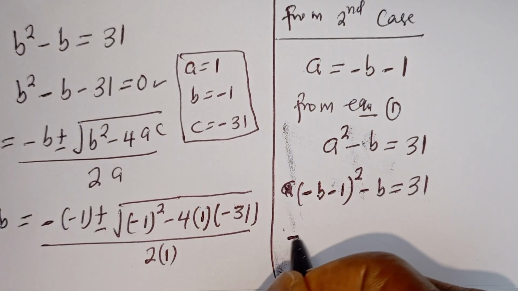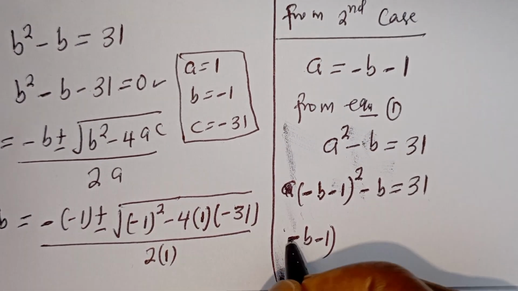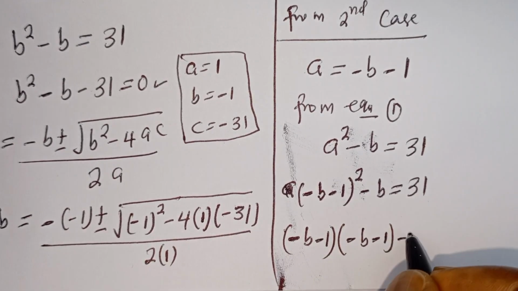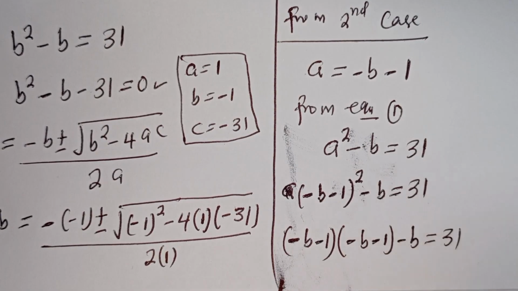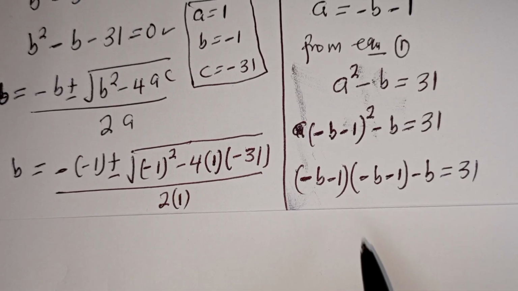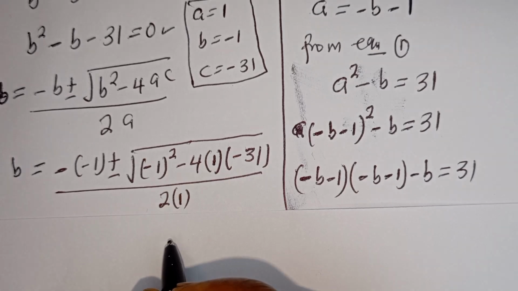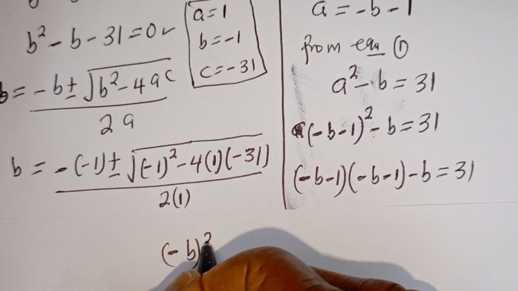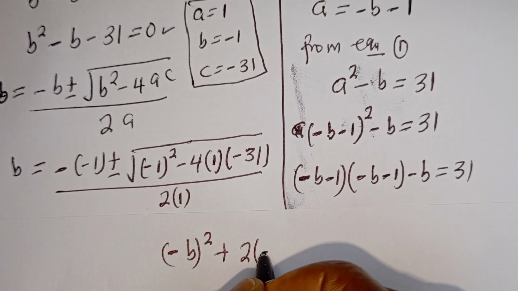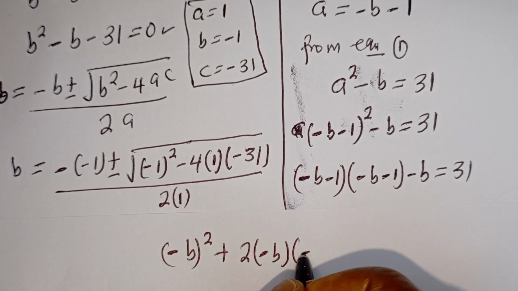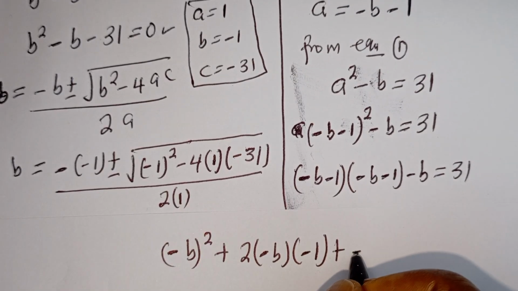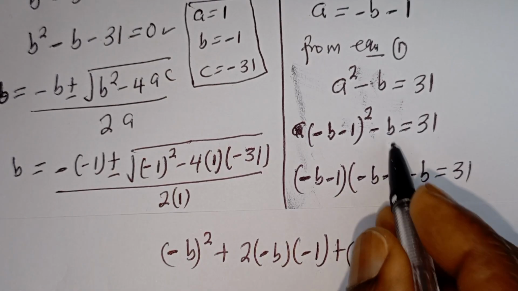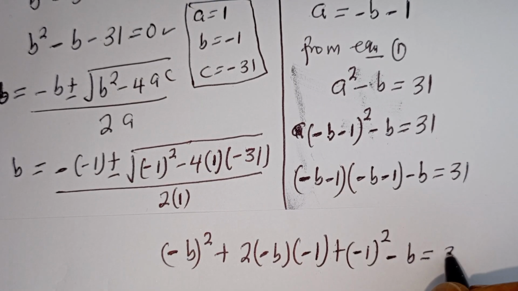So this is minus b minus 1 bracket minus b minus 1 minus this b is equal to 31. Now if we expand this, we have minus b squared plus 2 bracket minus b bracket minus 1 plus minus 1 squared, then minus this b is equal to 31.